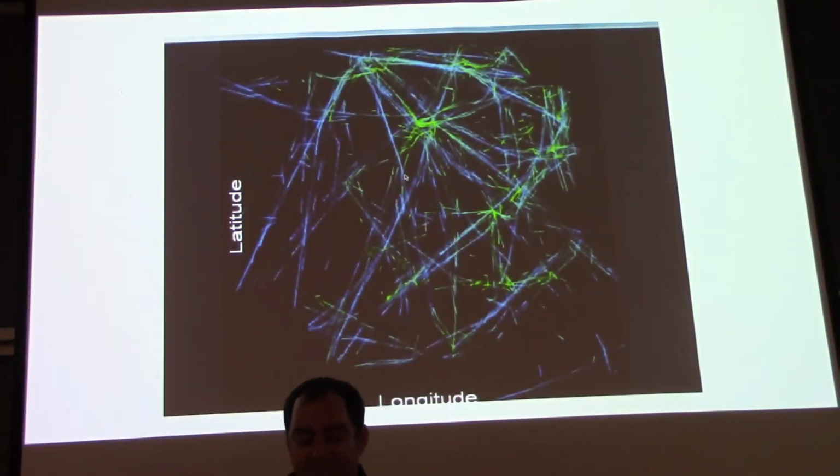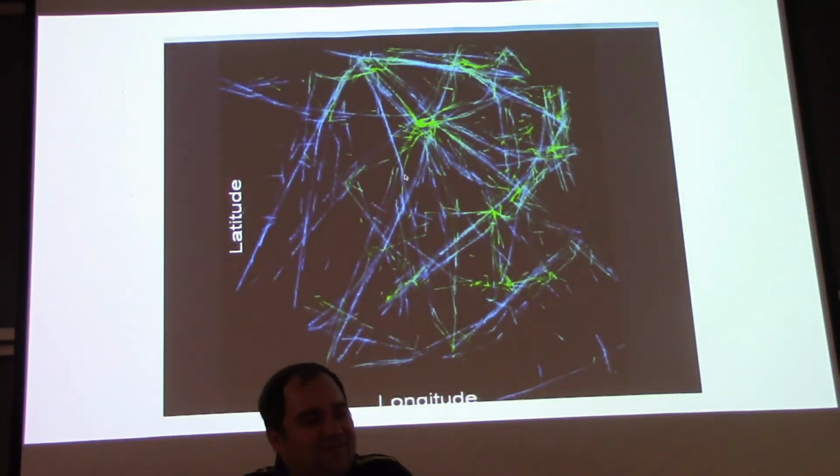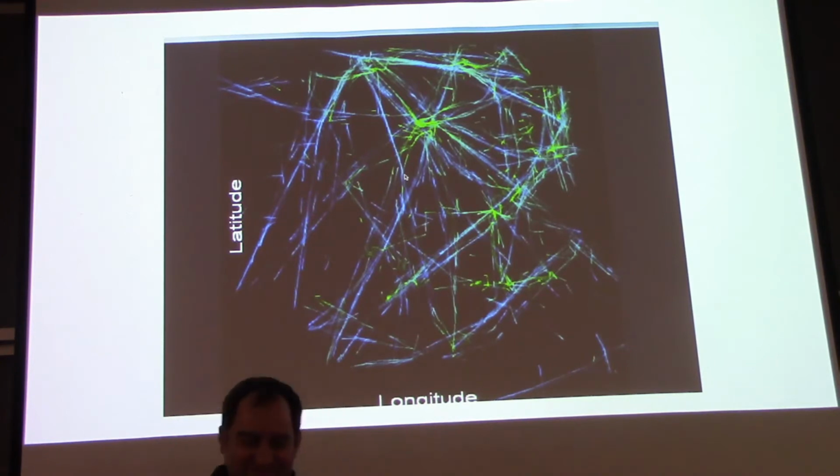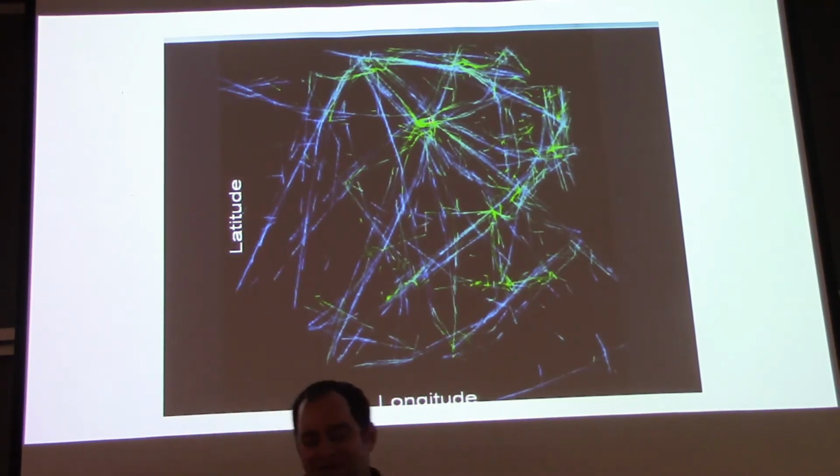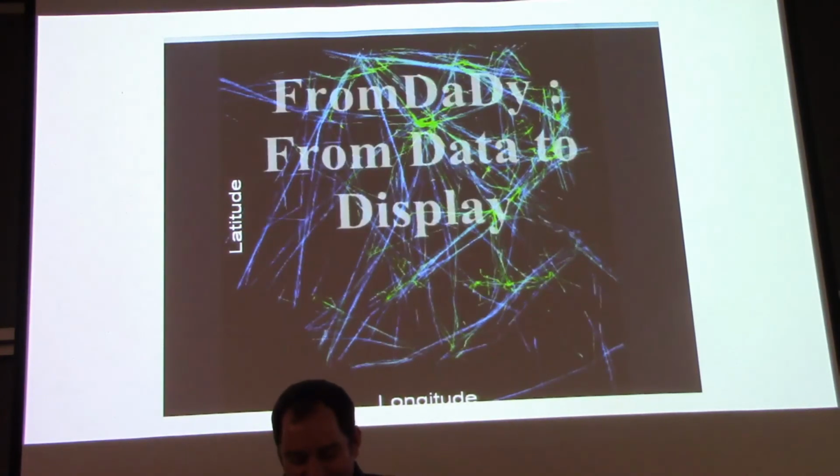Here we have, anybody want to guess what I'm showing here? If you know what it is, it's easy to recognize, but this dot here is Paris. It's flight patterns into and out of Paris, and they are actually live tracked.